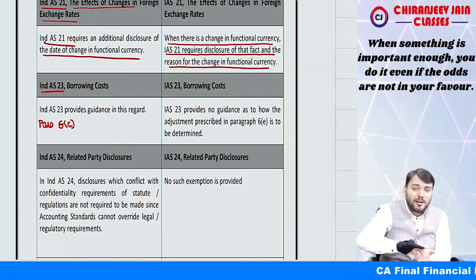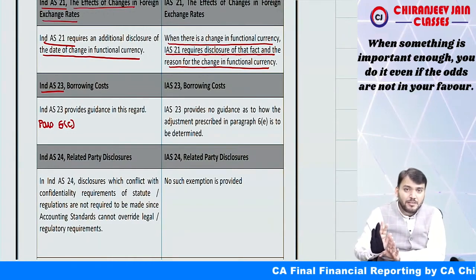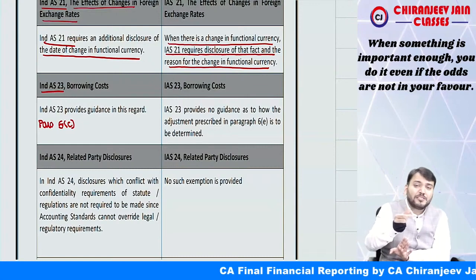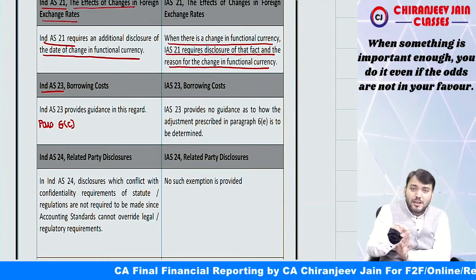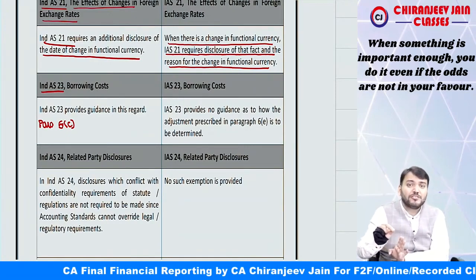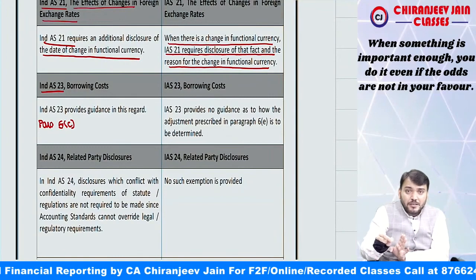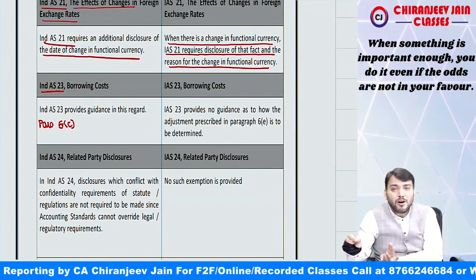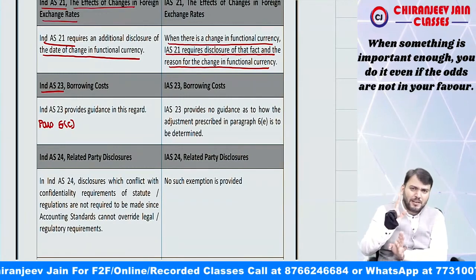We used to compare foreign currency borrowing with functional currency borrowing. The exchange difference covered will be the lower of what? The actual exchange loss and the difference between interest on functional currency borrowing and interest on foreign currency borrowing. Remember this point?